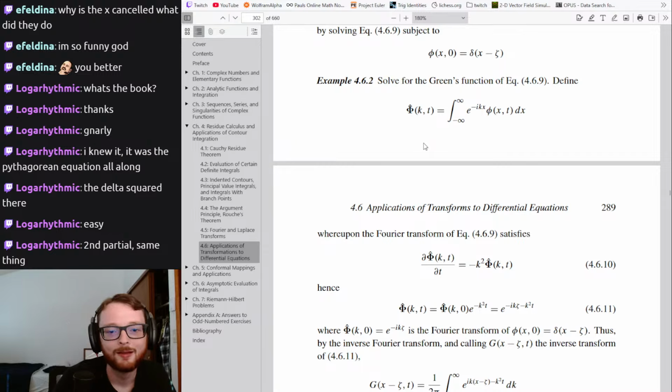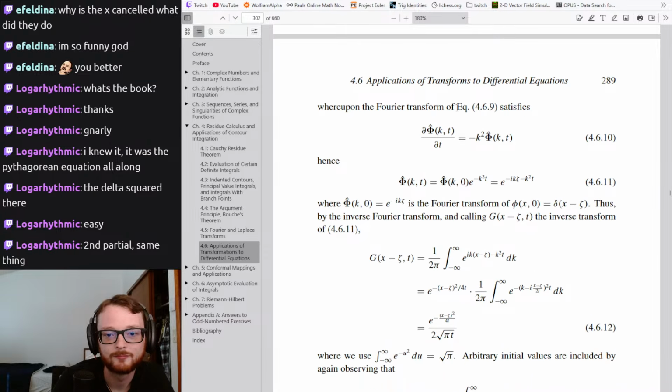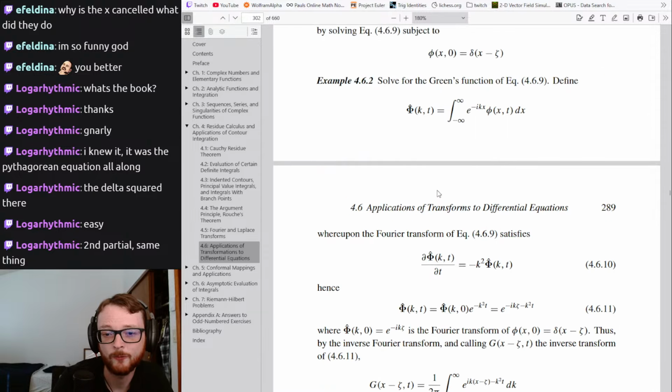Okay, but we're starting with our good old Fourier transform. So once we take the Fourier transform of the heat equation, we get that. We're doing the Fourier transform on x, yeah.